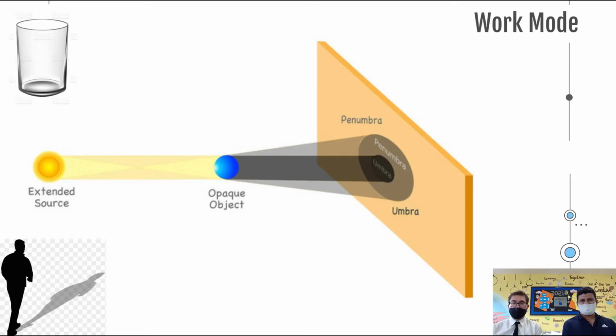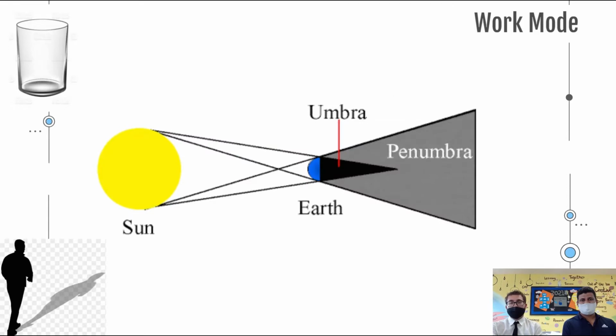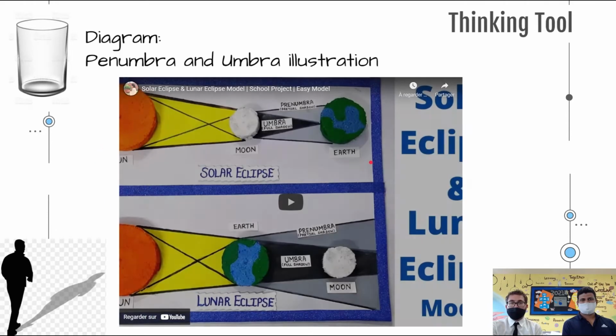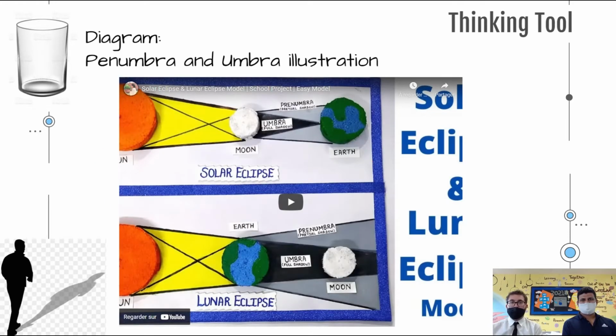Okay, so if you go ahead, the next picture shows you exactly how the umbra and penumbra are formed. So there you have the sun, the earth, and the complete shadow region, and then the small shadows called the penumbra. So here's a diagram about penumbra and umbra.